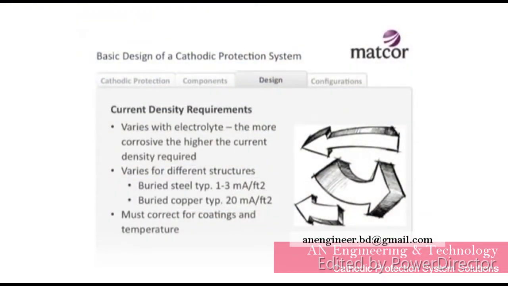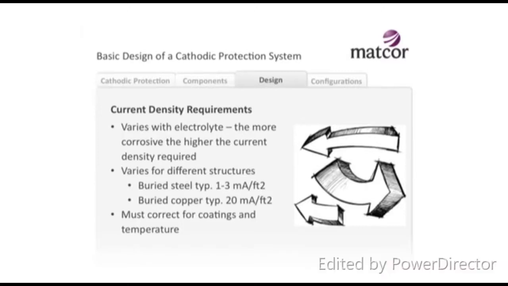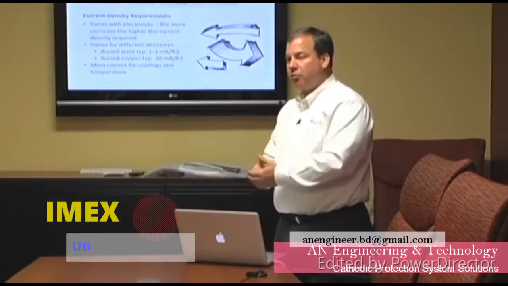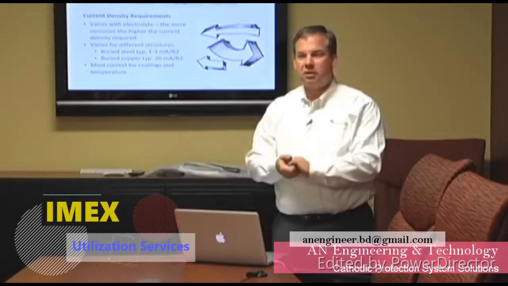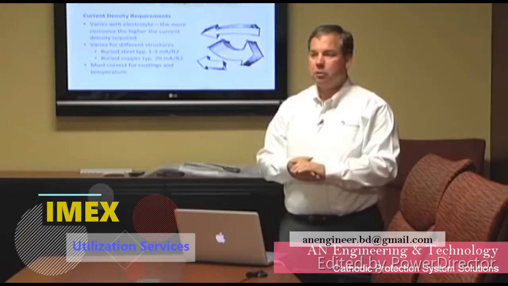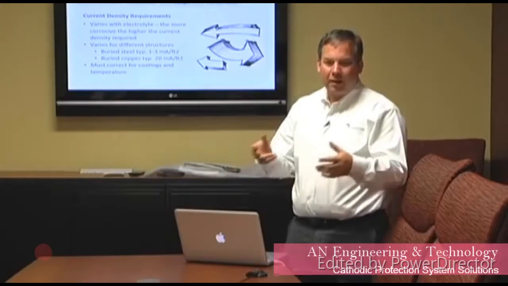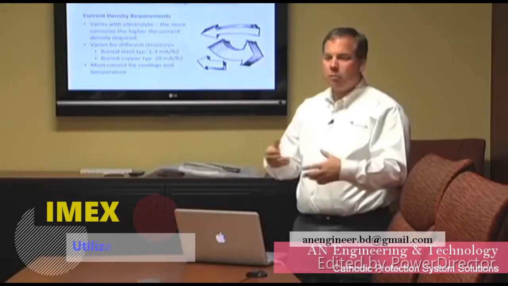So we talk about current density requirements when we're calculating how much current we need. The current density requirements vary with electrolytes. Being in this business for a long time, the industry has developed certain current densities that are typically used as standard. For steel in soil that's not really badly corrosive, moderately corrosive soils, 1 milliamp per square foot is good.